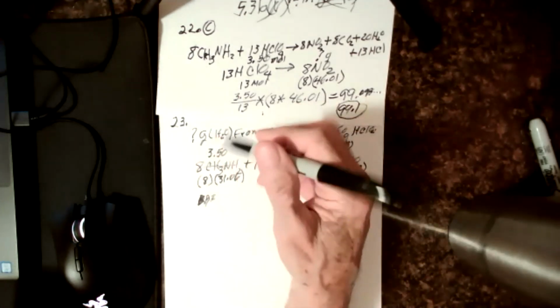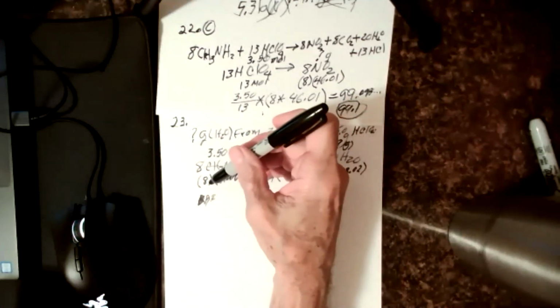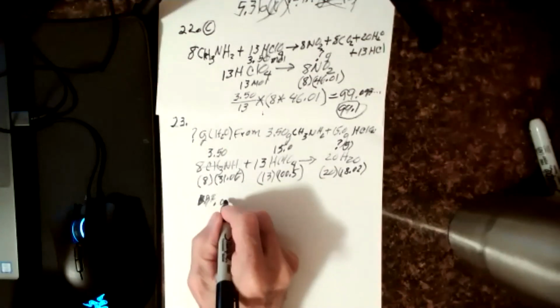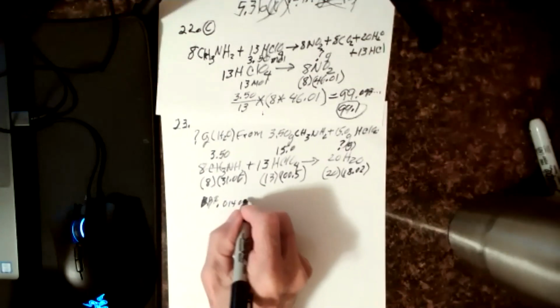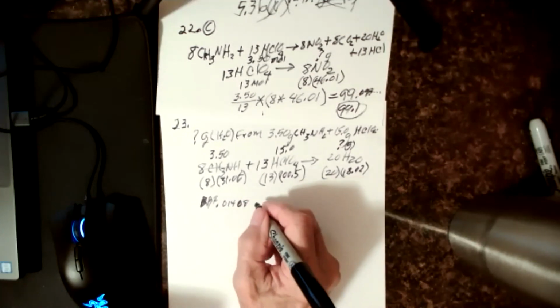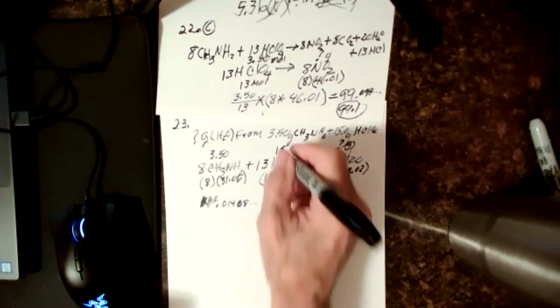Double check my numbers. That's correct. So my rebalancing factor here is 0.014008, and some other digits.